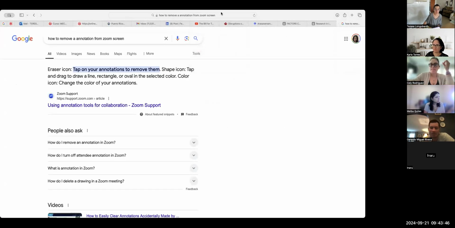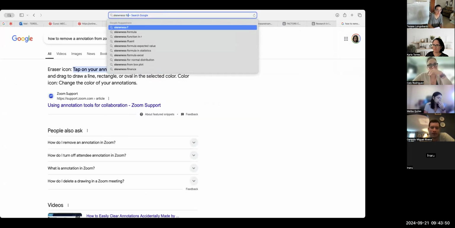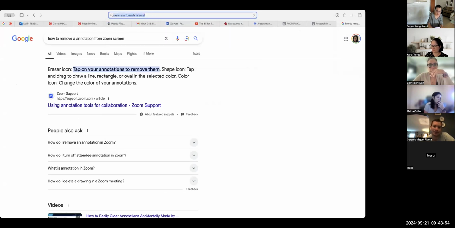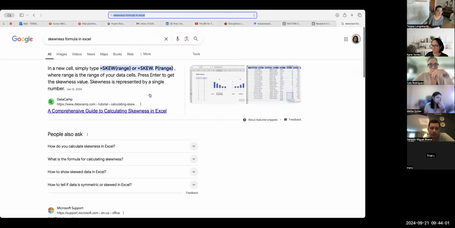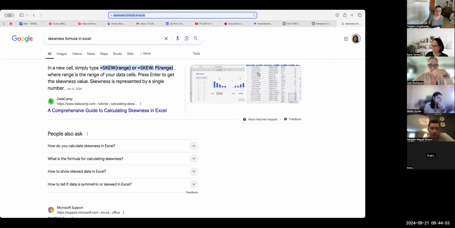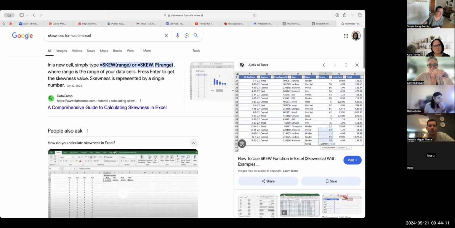Let me check skewness in Excel. There's some things, like I mentioned last class, the five-number summary is a little bit different in different statistical packages. It's not standardized and it's kind of frustrating. So you use SKEW, but I need to know how Excel calculates skewness.